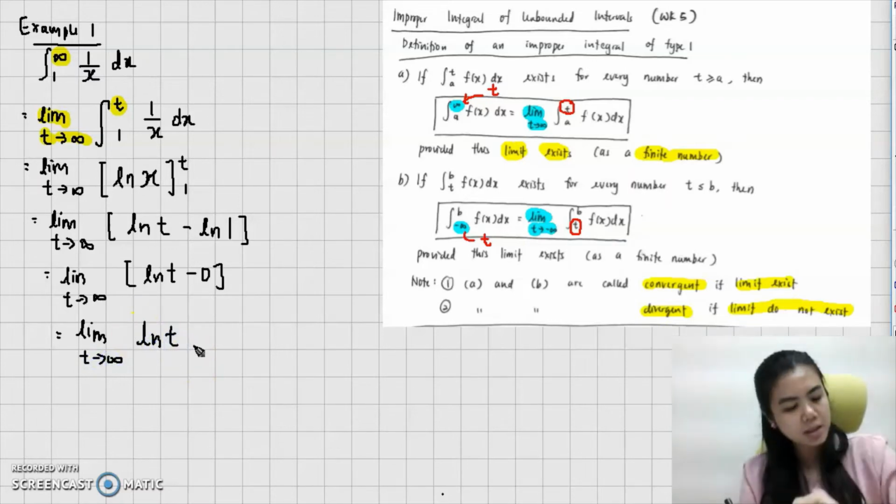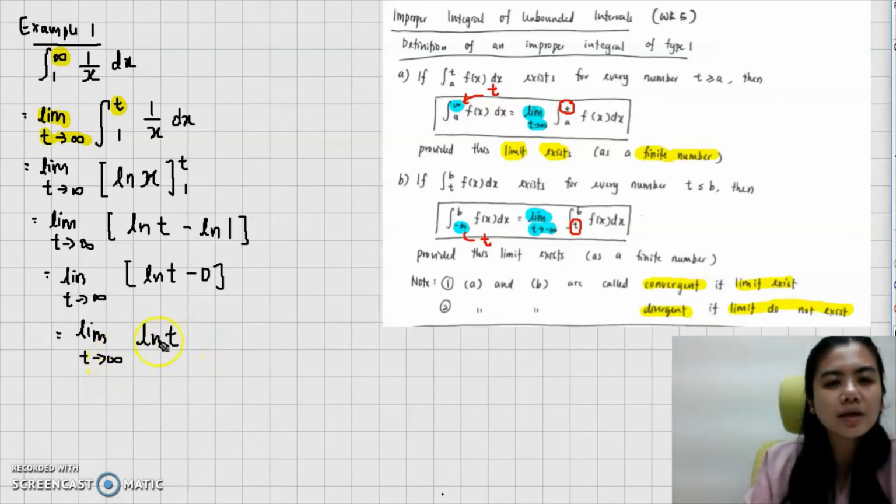Now let's substitute back here. We have ln t, where t approaches infinity, so we have a result of ln infinity. ln infinity is equal to infinity.